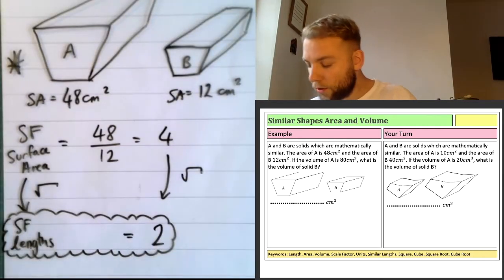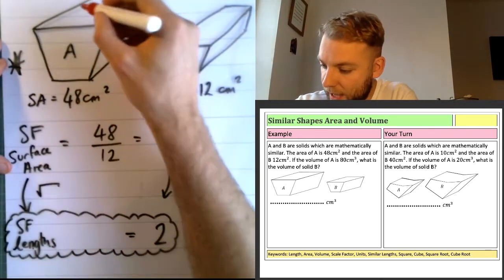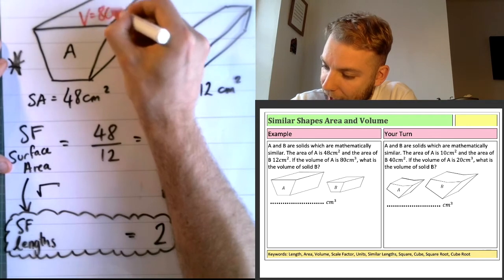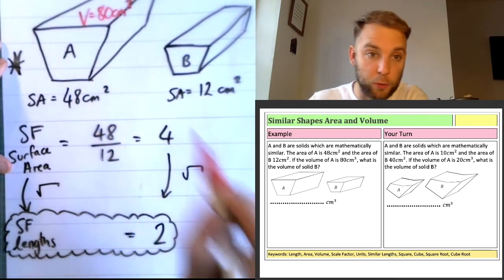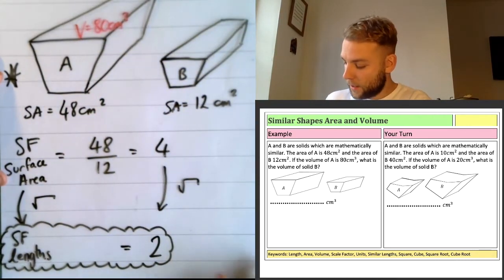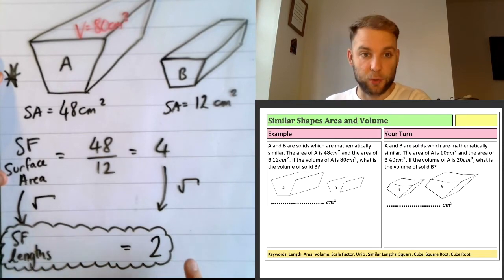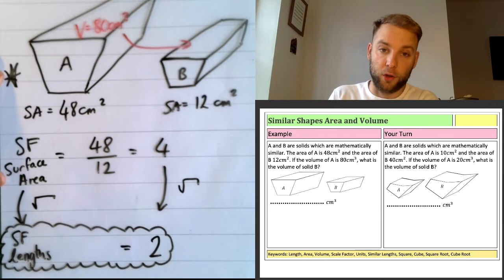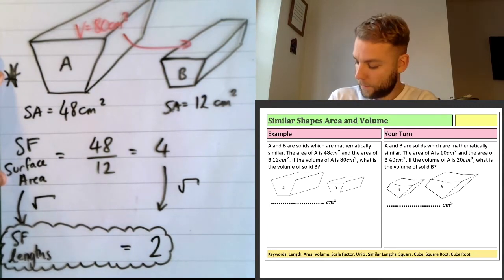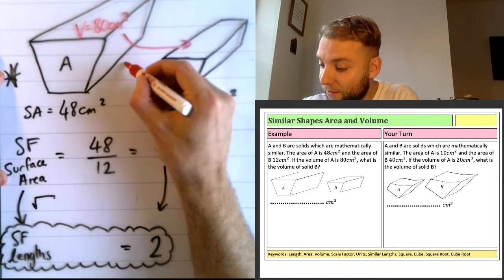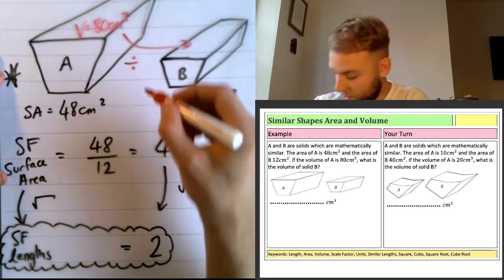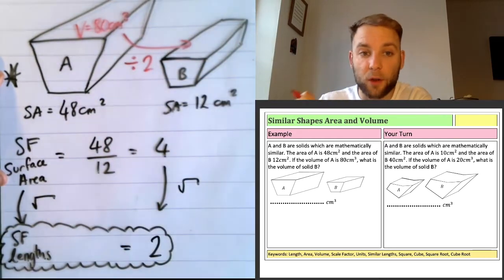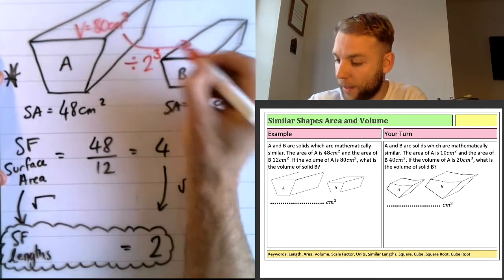Okay, so I know that the volume of this one here is equal to 80 centimeters cubed. And I know the scale factor for my lengths is 2. So if I'm trying to work out my smaller volume, take note it's smaller volume, then I need to divide by my scale factor, which in this case is 2, but because it's volume, I need to cube that.